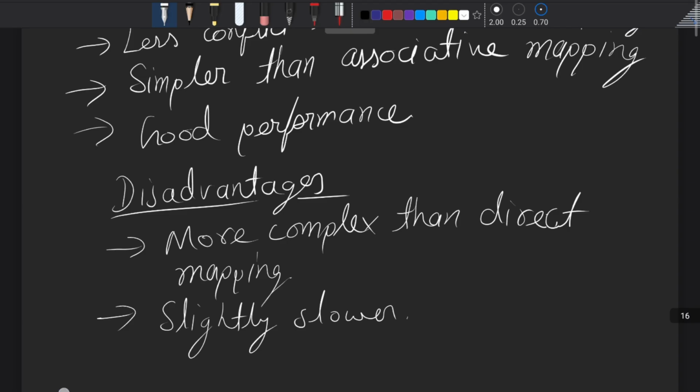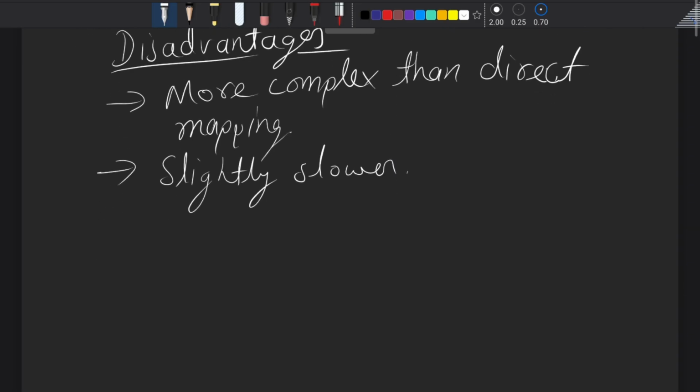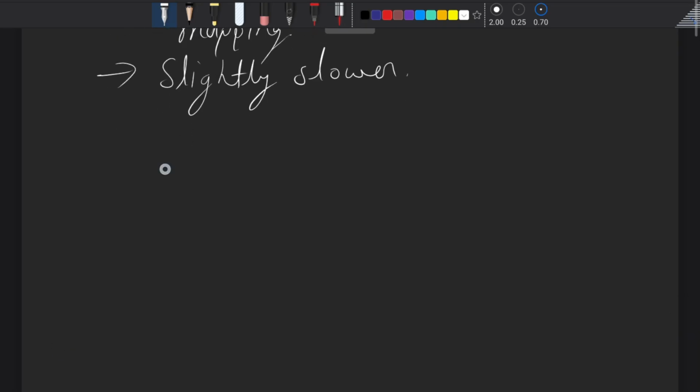So, I think you must have understood what cache mapping is and what these different types of cache mapping do and how they are performed, namely direct mapping, associative mapping, and set associative mapping. So, for a quick comparison, I can make a table.